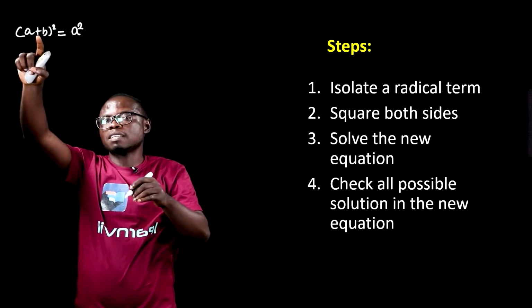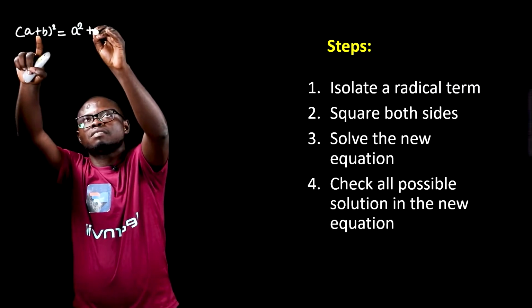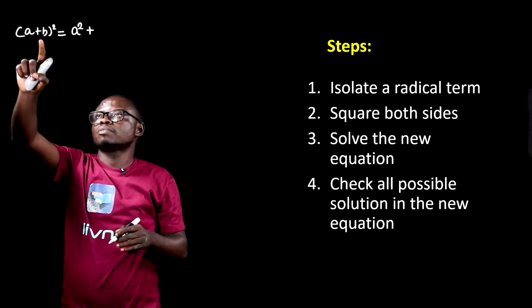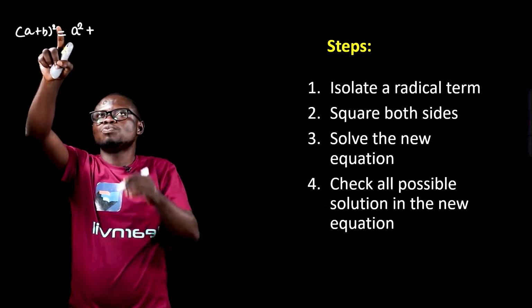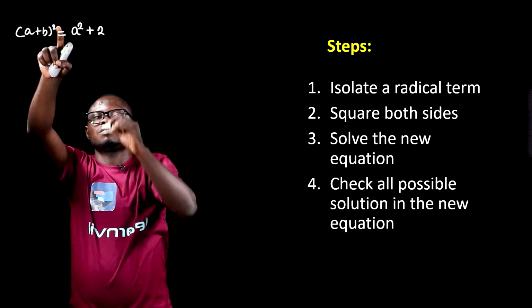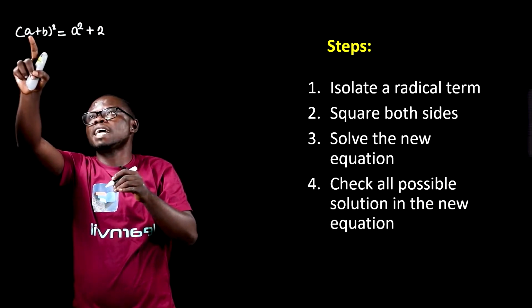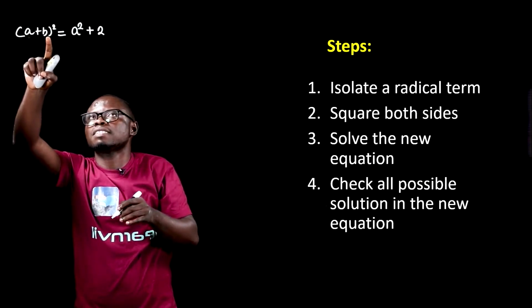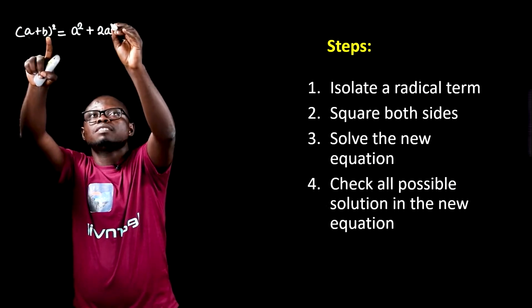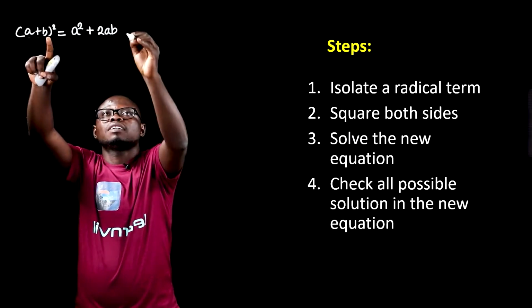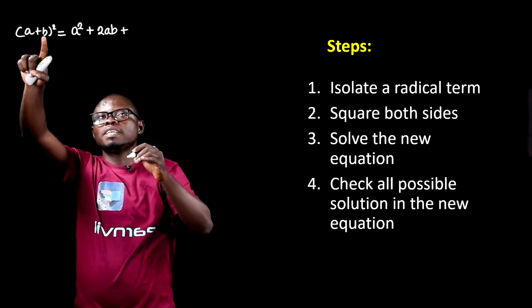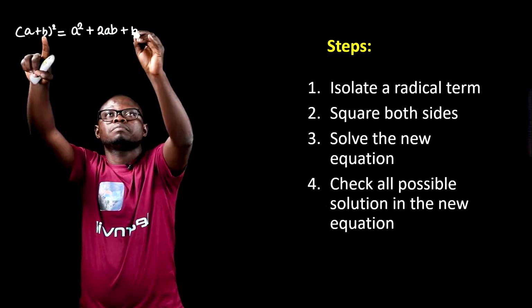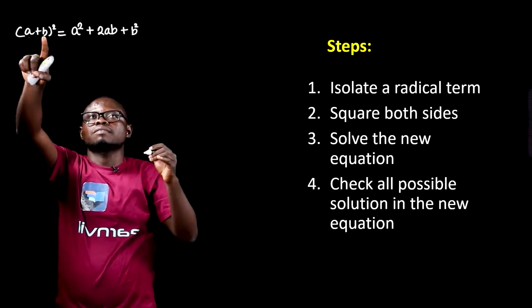Because it is plus, write this 2, then multiply the first term and the second term. That will be a times b. Then plus, pick the second term, square it.